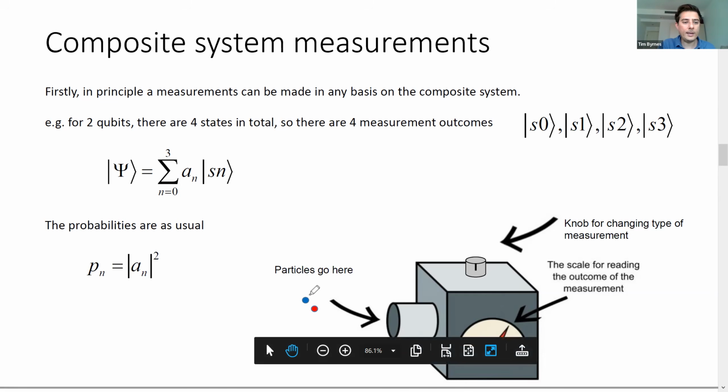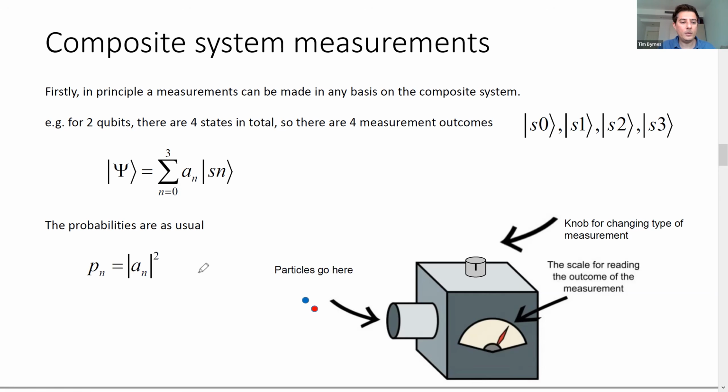When you write down your quantum state in this composite system, you're going to be writing down the state itself in terms of a sum of these four states.